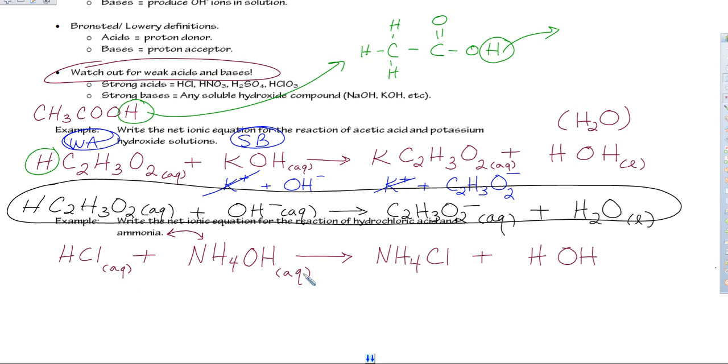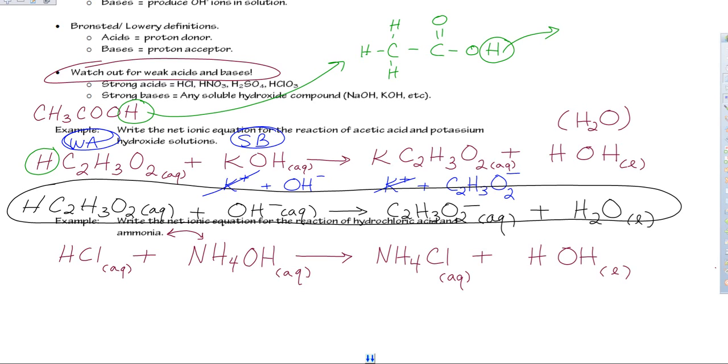These are solutions. Most things with chlorine are aqueous, except for silver, mercury, and lead. But anything with ammonium is aqueous, highly soluble, so there's no doubt on that one. And the water is a liquid. Alright, so kind of the same gig as above.